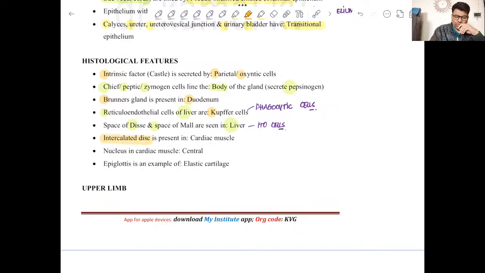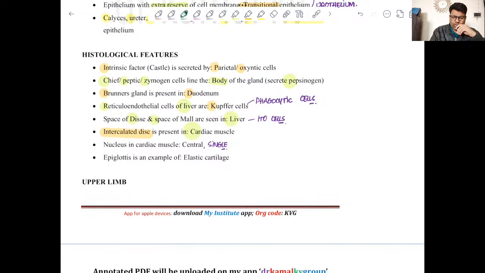Intercalated disc is a feature of cardiac muscle, and the nucleus in cardiac muscle is single and central as compared to skeletal muscles where the nuclei are multiple and peripheral. Clear? So this is one way of differentiating. Single and central in cardiac muscle; in skeletal muscle, the nuclei are multiple, peripheral nuclei.